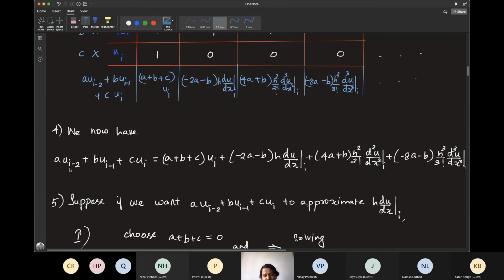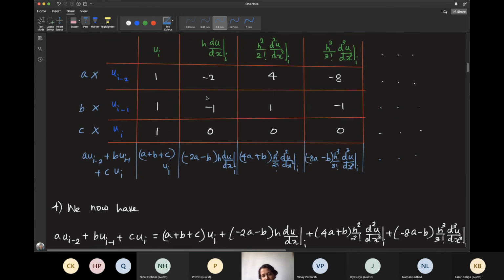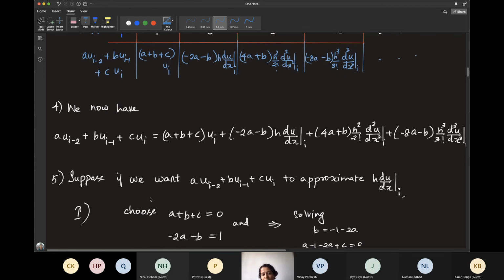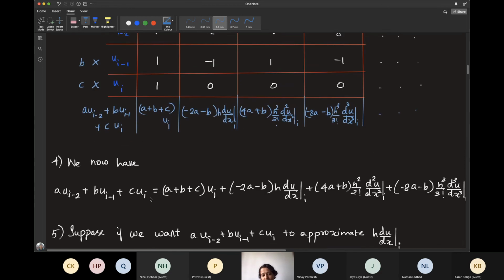Because your scheme itself has some terms like h squared, it's like Taylor series expansion only, because we have constructed all of this from Taylor series expansion. So when you replace each of these terms by the Taylor series expansion, it's like going backward. We have constructed something using Taylor series expansion and obtained some difference equation.